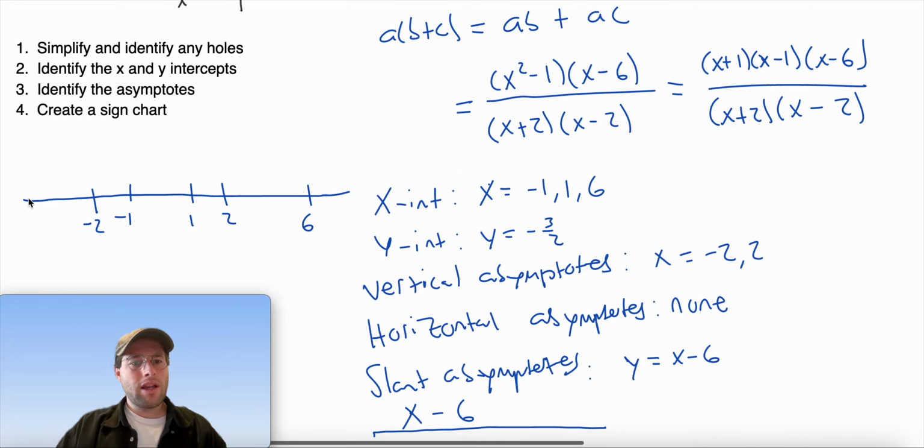So we can plug in a negative 3. If we plug in a negative 3 over here, this is going to be negative 3 plus 1, which is going to give us something that's negative. And negative 3 minus 1, again, we're going to have something that's negative. Negative 3 minus 6, negative. So our numerator is going to turn out to be negative.